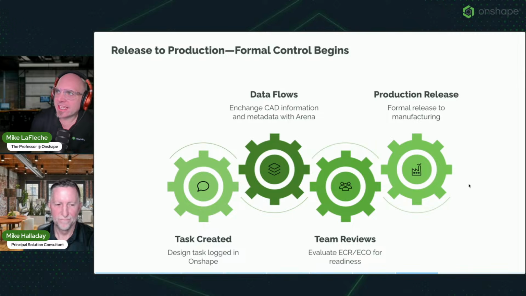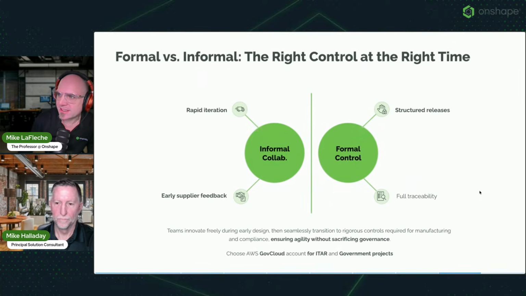So yeah, fully end-to-end cloud-based formal control with both systems working hand in hand, right? They're both PTC products. We saw the difference between informal collaboration, just in Onshape with tasks and comments. There's many other things you can do in Onshape too for informal collaboration, like this follow mode where both Mike and I could be in the same document. And I could look over what Mike's looking over.